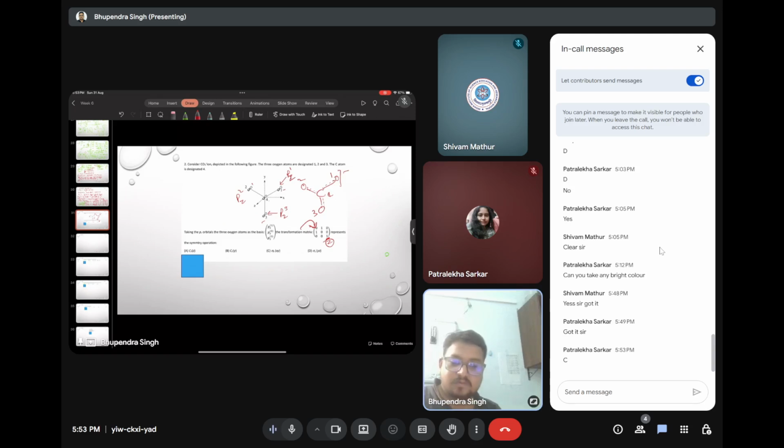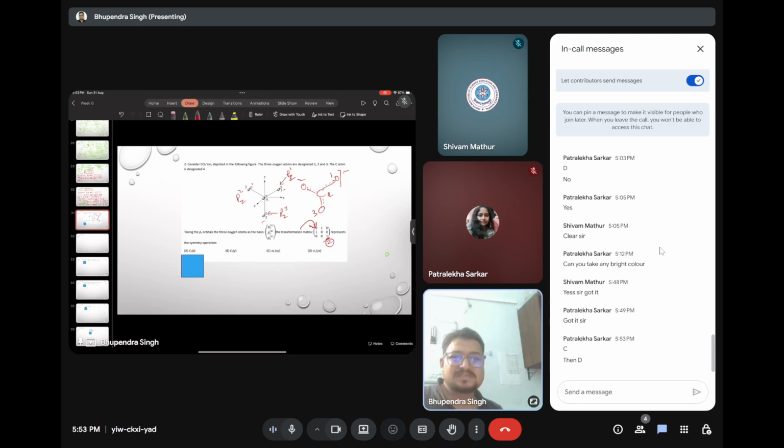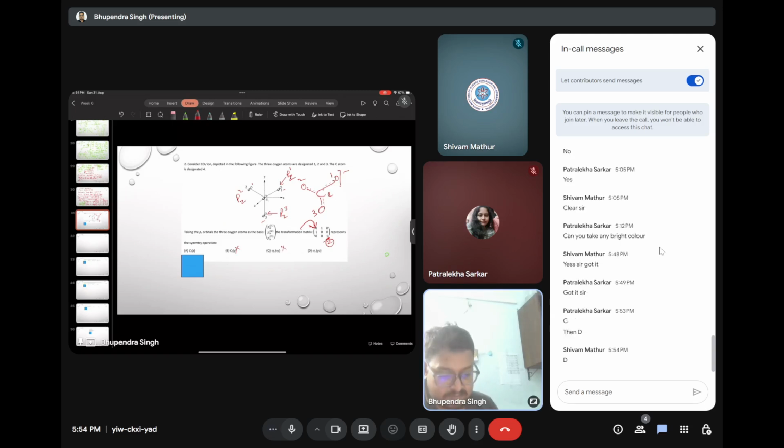So you should look for the operation in which the Z is present, I mean the operation happens along the Z axis. So this option is eliminated. Which option is left? This one, C3 plus this. Okay, both of you are saying D.